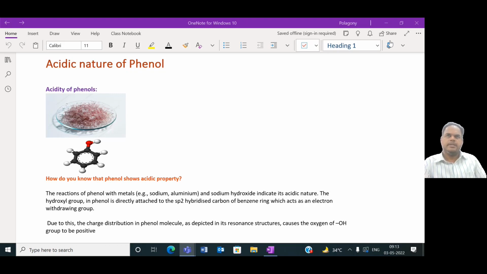When the positive charge increases on the oxygen atom, it can result in polarity, then losing of the proton takes place, and the formation of phenoxide ion will take place. The phenoxide ion is more stable in case of phenol. How can we explain the stability of the phenoxide ion?